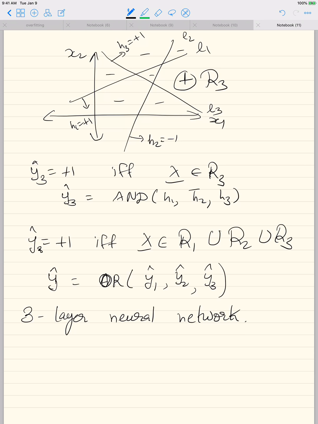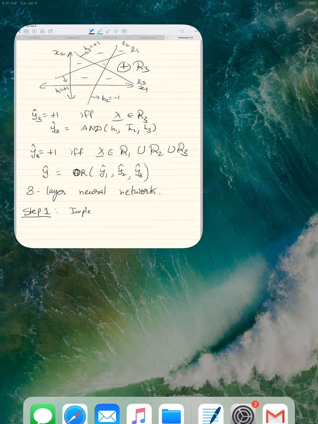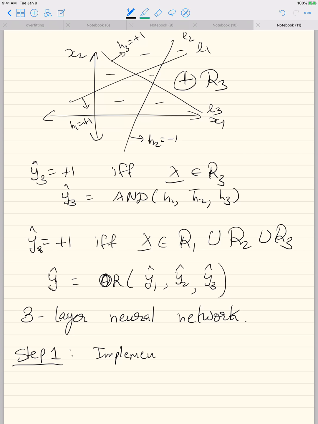So step 1 is to implement the linear classification rule for L1, L2 and L3. That will give us one layer.